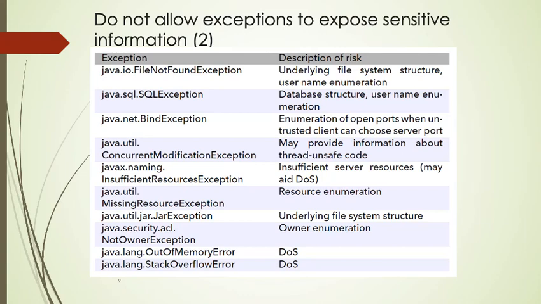And the insufficient resource exception indicates that you don't have a big enough server, so it might encourage DDoS attacks. And there are many more, so this is not a complete list, but just some examples.